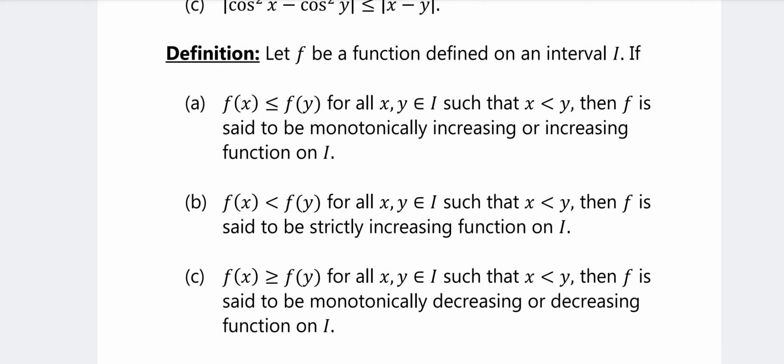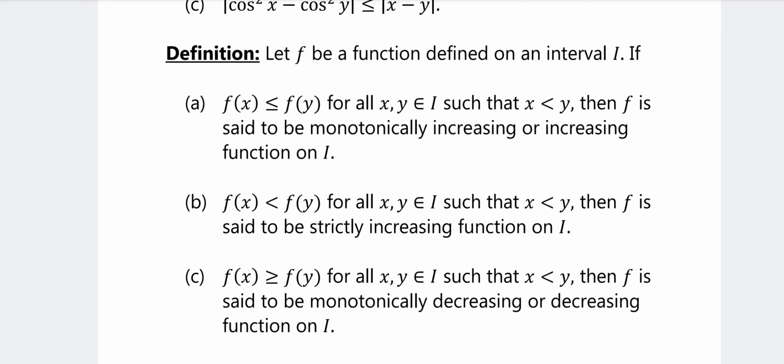Part B: what is a strictly increasing function? If f(x) is strictly less than f(y) for all x and y such that x is strictly less than y, then f is said to be strictly increasing on I.